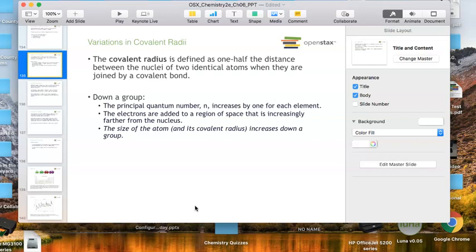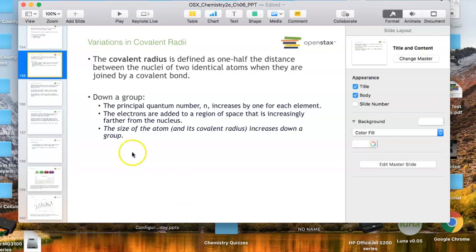So it's basically half the distance between the nuclei of a diatomic molecule. A diatomic molecule is two identical atoms. It's half the distance between the two nuclei, and that is the covalent radius for the atom.